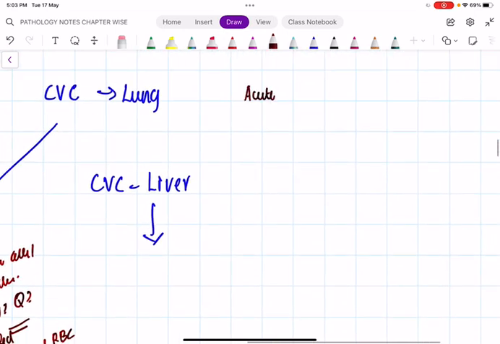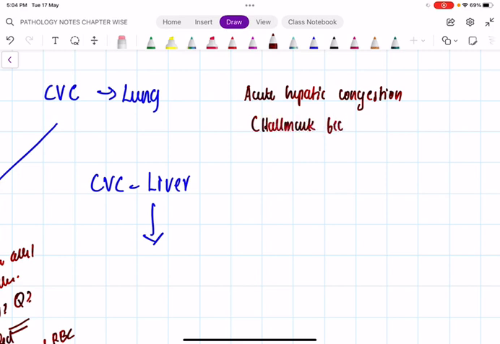Acute hepatic congestion, hallmark feature. Answer: centrilobular necrosis. I hope things are clear for you.